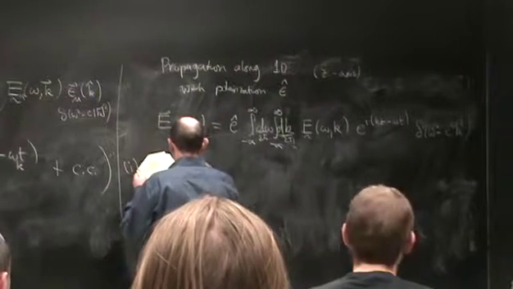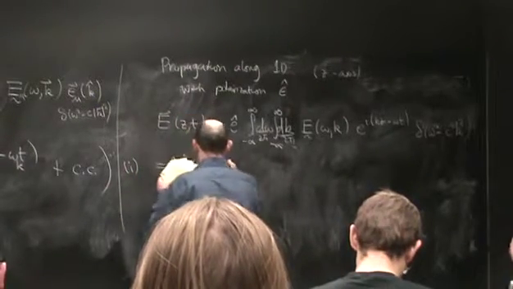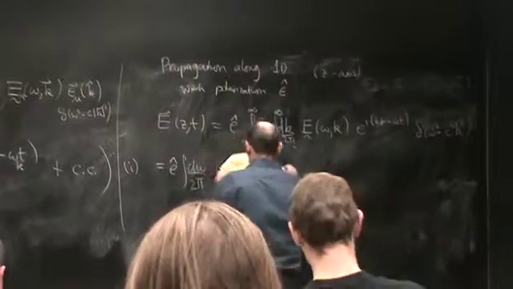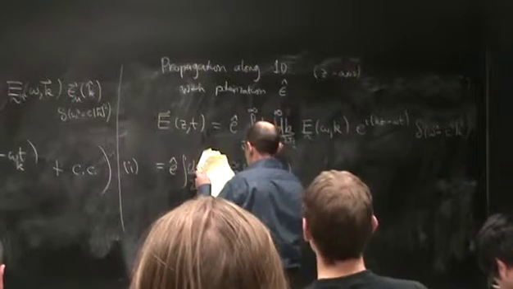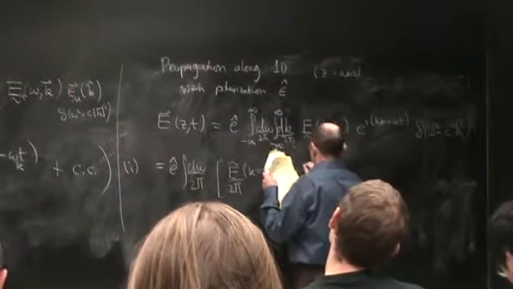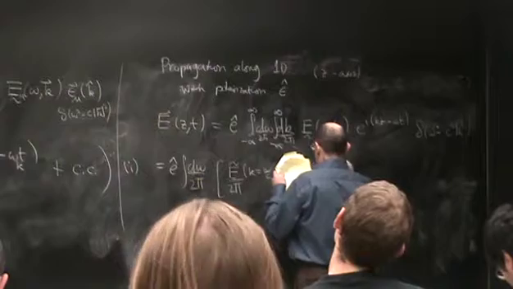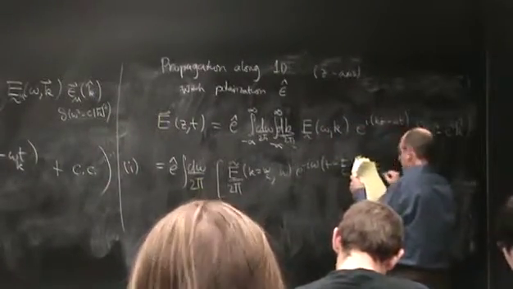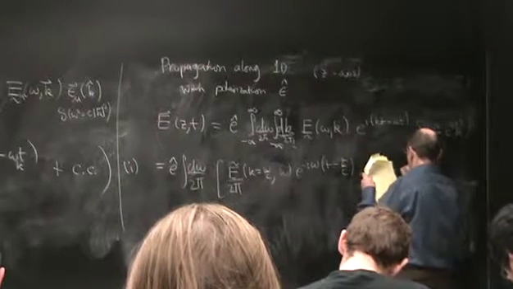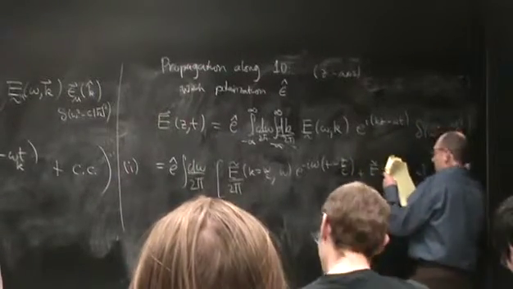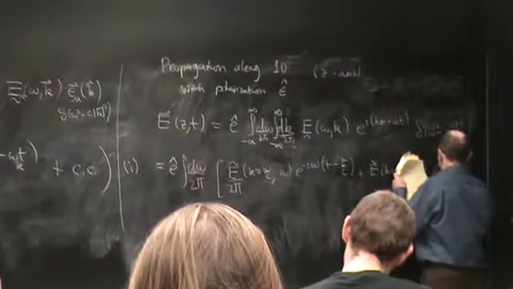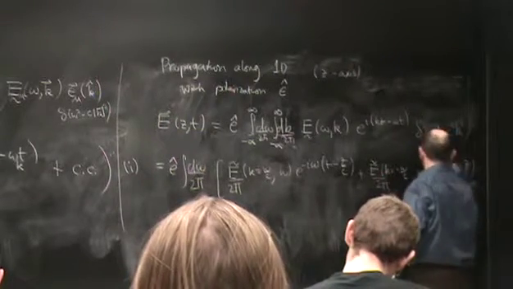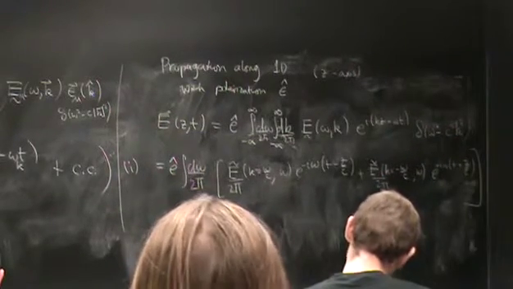If I integrate over k, leaving me an integral over omega undone, I have this expression for the wave.